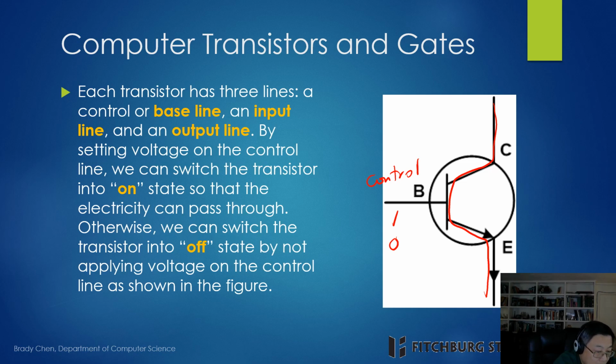If the value is 1, then the electricity can pass through. If it's 0, it is disconnected. This is just a logical diagram. It's not like a light switch that you manually switch on and off; it's controlled by the electricity, controlled by the voltage.